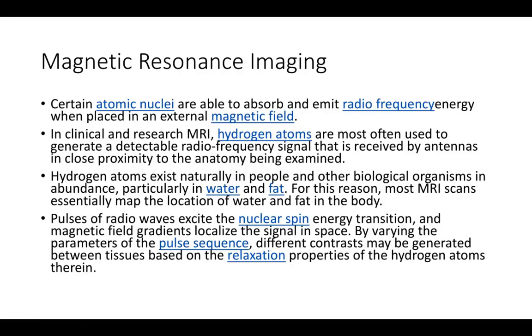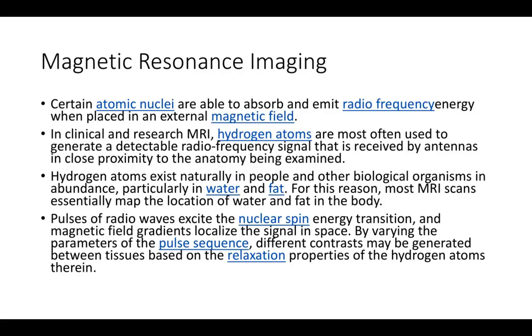There are some other things that you can do, like look at the diffusion, or movement, of water directionally, which is kind of an add-on to an MRI scan and allows you to image different things, like directional tissues in the body. What happens is you have a background magnet, and then you have radio waves that excite what's referred to as a nuclear spin energy transition.